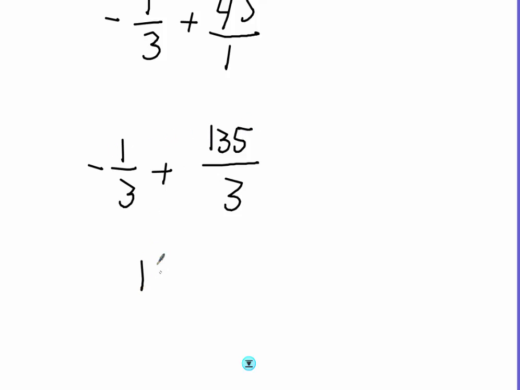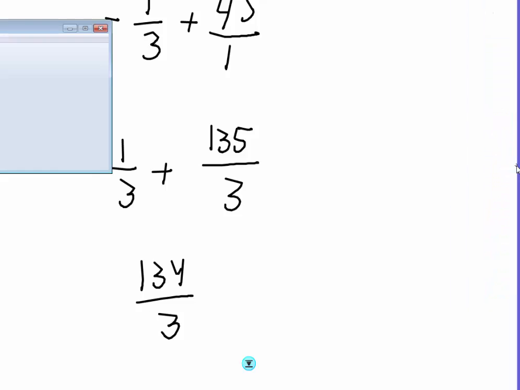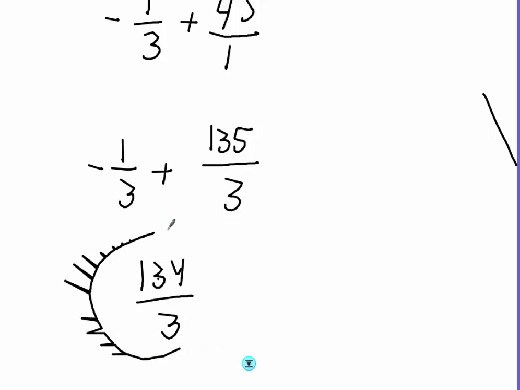Negative 1 plus 135 is 134 over 3. And let me see if that simplifies. I don't think it does, but I kind of made this problem up. So let me get my calculator out quick. 134 over 3. That is not going to simplify.